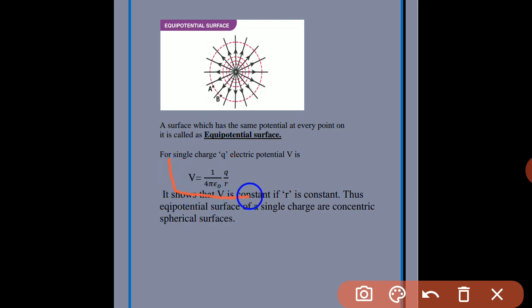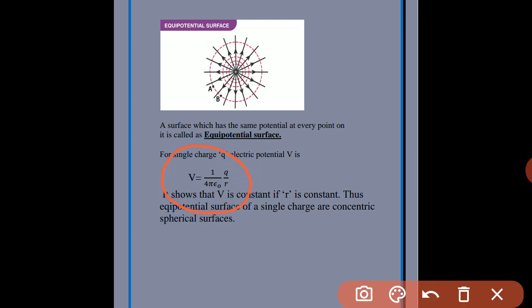So you have to use the second equation, electric potential due to a point charge, right? Look at this equation here. It is your second equation, 1 divided by 4 pi epsilon naught Q divided by R. So this equation you have to use to calculate the electric potential at point A. Observe this equation clearly.